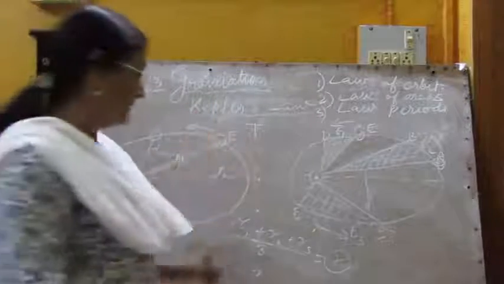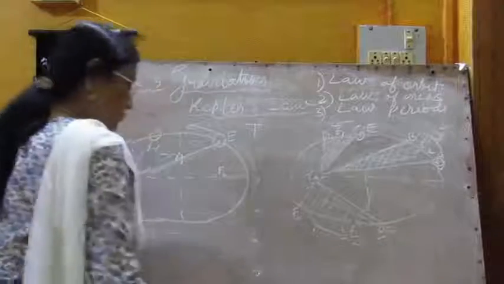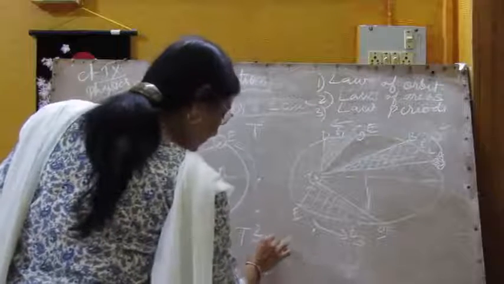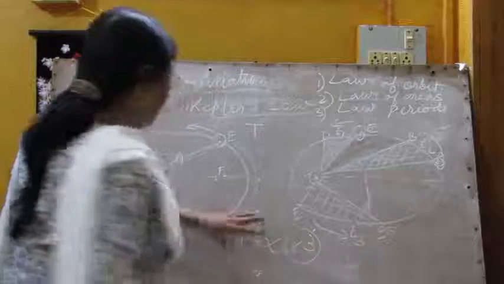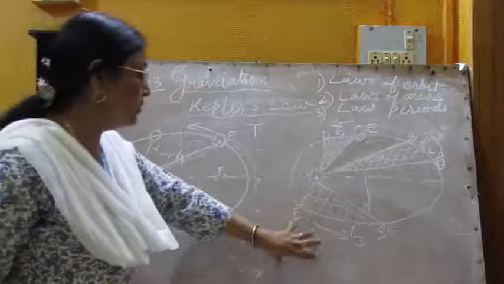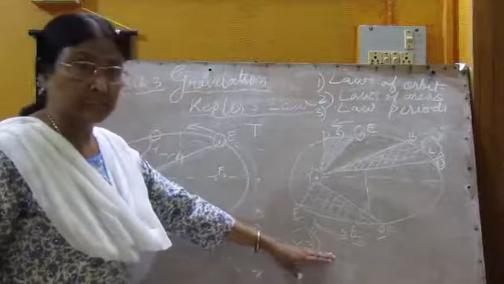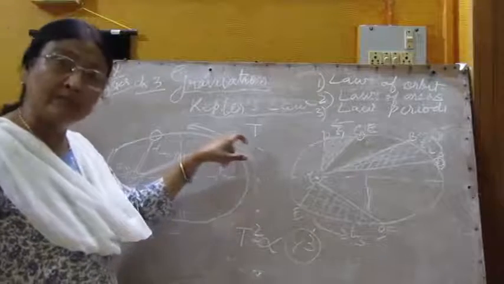What relation Kepler gave between these two: he said that T square is proportional to R cube, meaning the square of the time period is proportional to the cube of the distance. Which distance? The distance between the sun and the planet.